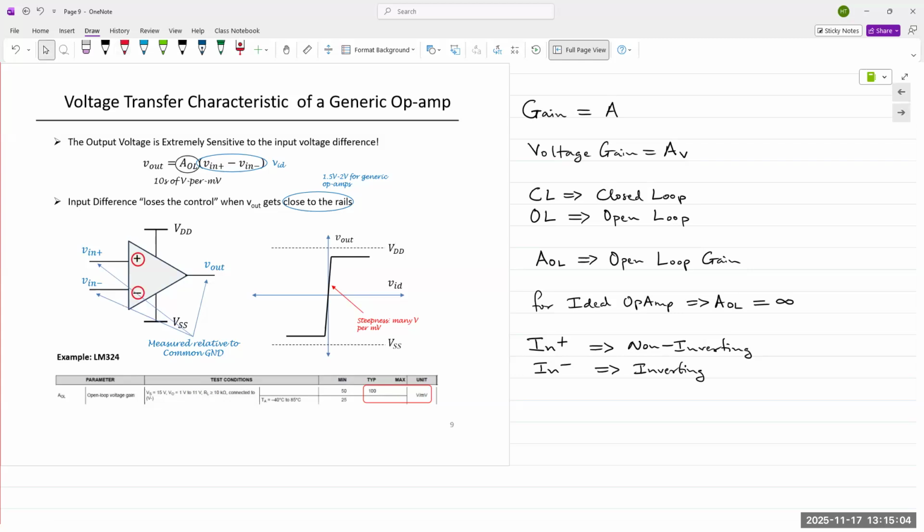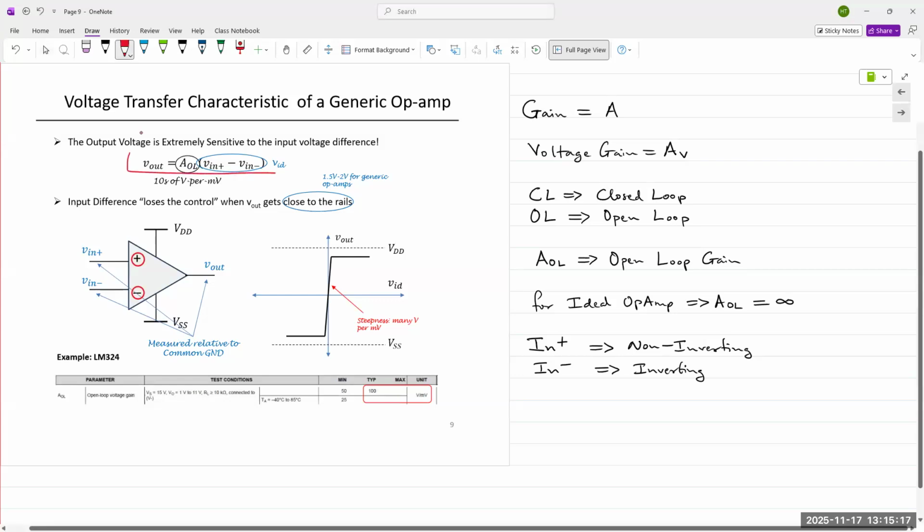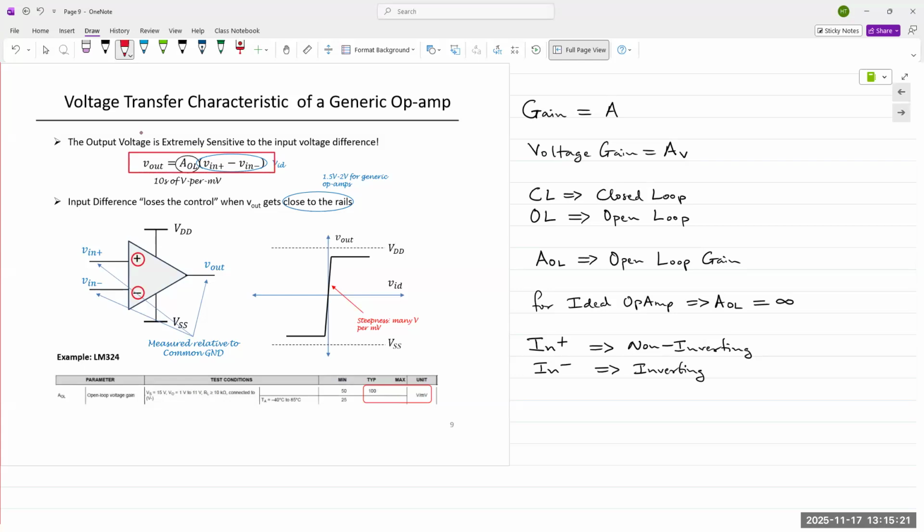So by its very design, by its very nature, the op-amp will amplify the difference between the two input terminals. And so we have this equation where V out is AOL times VID.